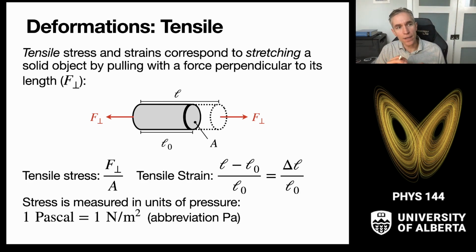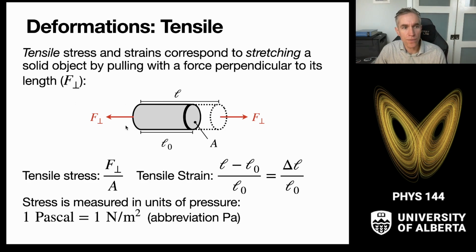Tensile strains and stresses correspond to the stretching of a solid object by pulling with a force that is perpendicular to its end surface. You can think of tensile as related to the word tension, and it's the same kinds of forces that we think about in terms of tension.